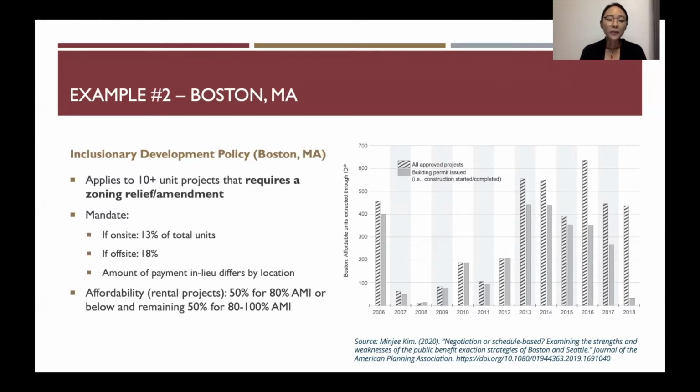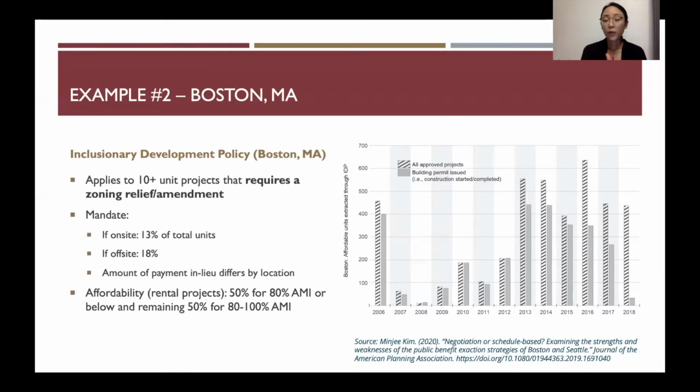Boston's inclusionary development policy requires that 13% of total units are set aside for either 80% or 70% of AMI. The 80% or 70% of AMI is applicable to rental projects, and then 80% for sale.